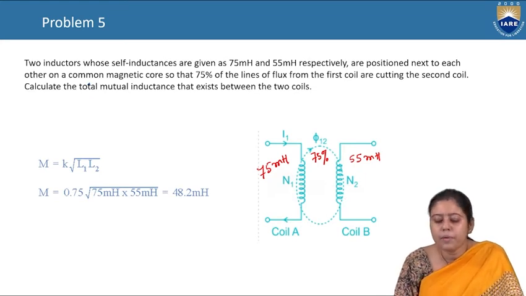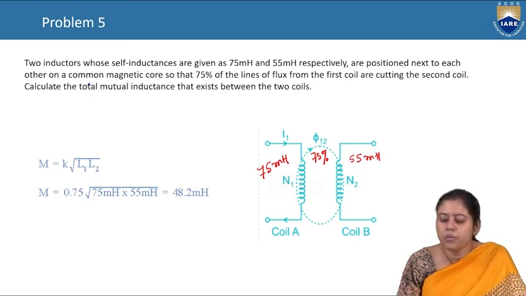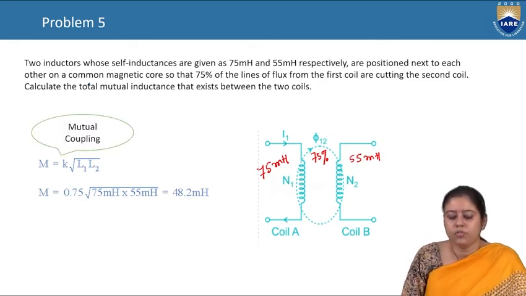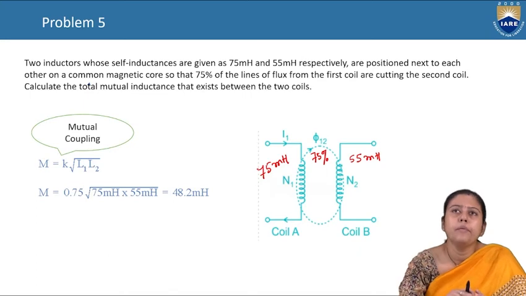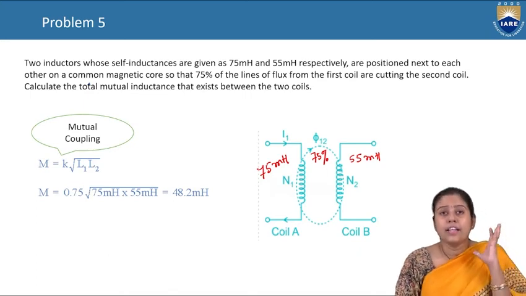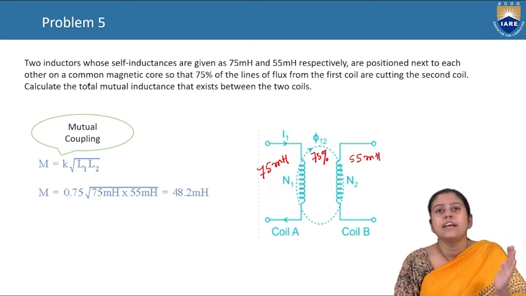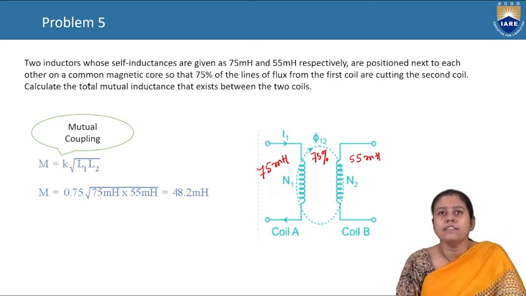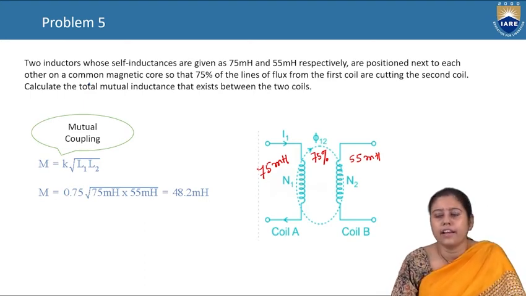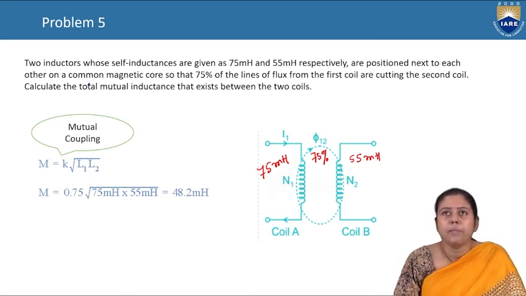Now, what will be the mutual inductance? We know M is equal to K root of L1 L2, where K is known as the mutual coupling. What is the meaning of mutual coupling? It is the percentage of flux linking in the second coil, and here we are assuming 75%.